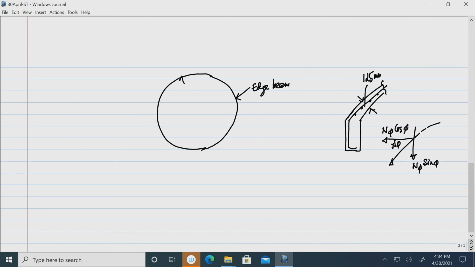So, the n phi cos phi component will give you the tensile stress in the edge beam, that has to be taken into consideration for design of the edge beam or checking the safety of the edge beam. So, this pressure is P on the edge beam, and P is here n phi cos phi. This radius is here 6 meter, because the span of the shell was 12 meter.